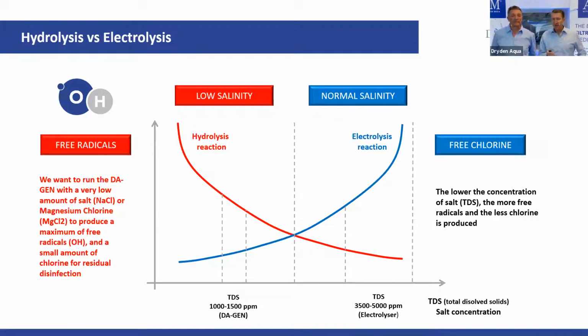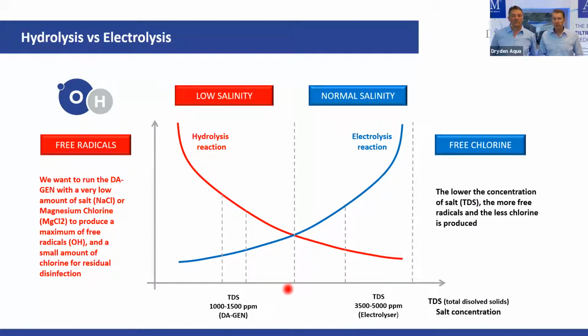So naturally, let me explain this graph here real quick. We have here the production of free radicals that goes up or down. We have over here the production of free chlorine. And in the horizontal, we have the TDS level, right?